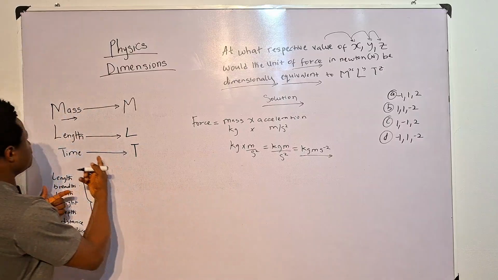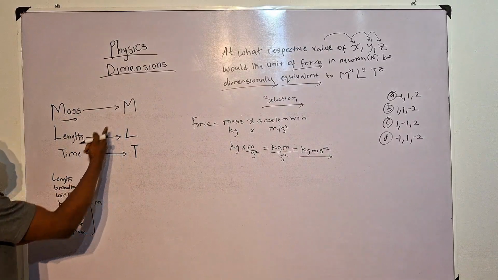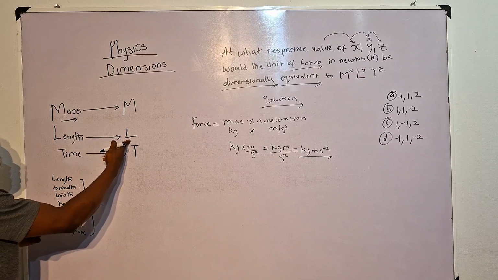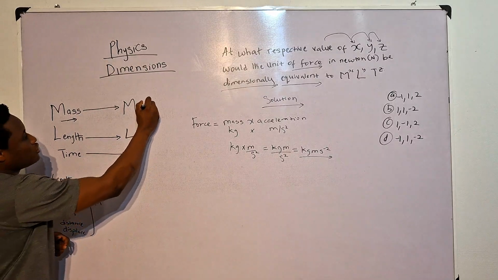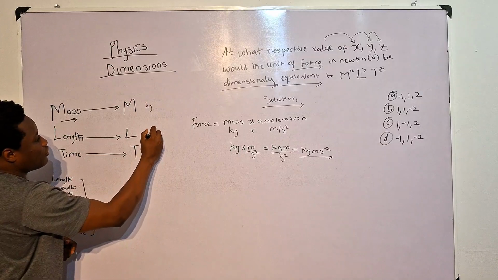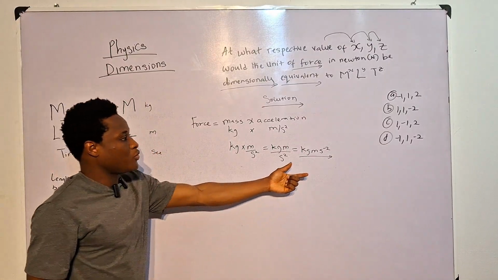So back to our dimensional analysis here, we say that anywhere we see mass, we use capital letter M. Anywhere we see length, we use capital letter L. And anywhere we see time, we use capital letter T. The SI unit of mass is kilogram, the SI unit of length is meter, and the SI unit of time is seconds.